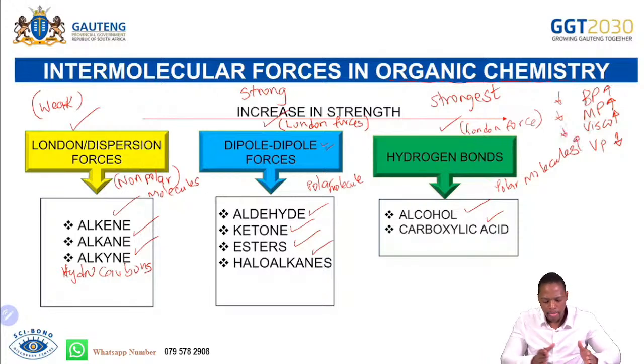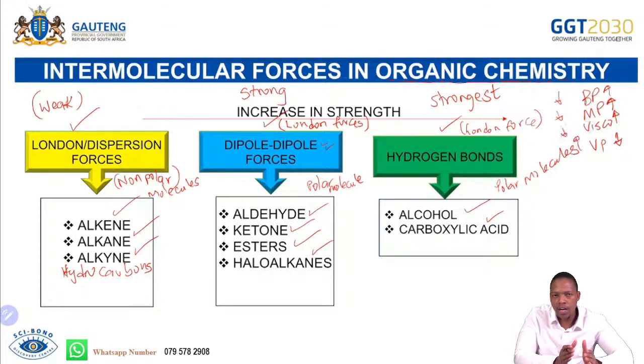So if I were to compare an alkene and a ketone, I can make an informed decision as to which I think will have a higher boiling point. Why? I know the intermolecular forces of a ketone are stronger than those of an alkene.